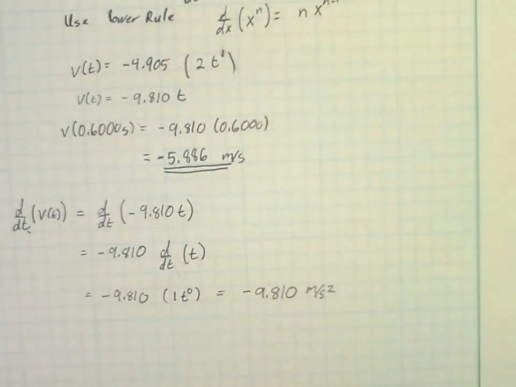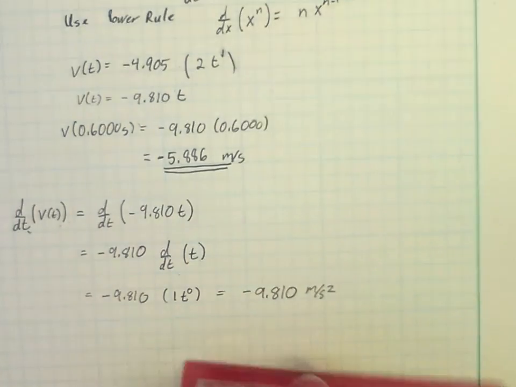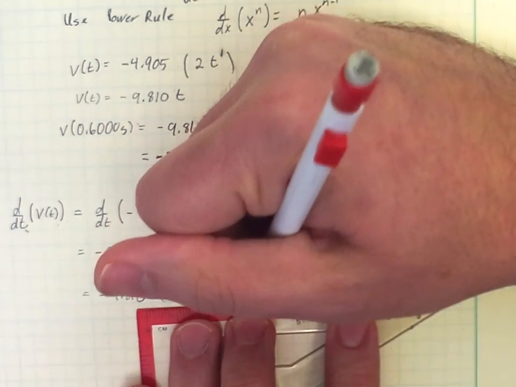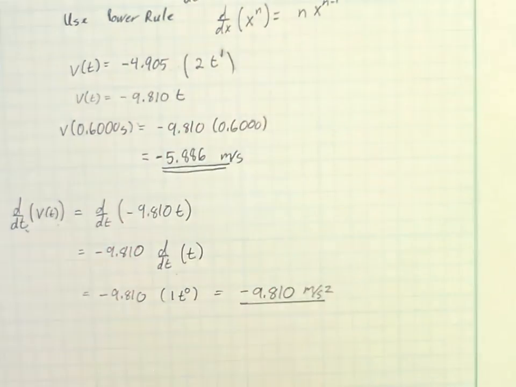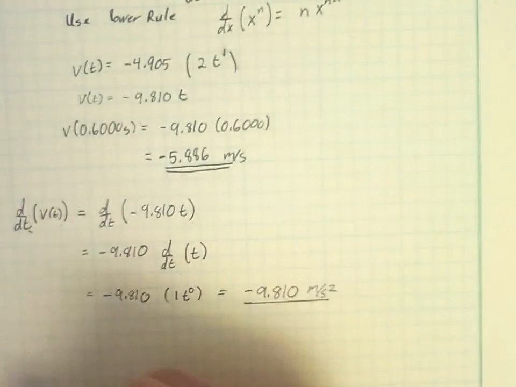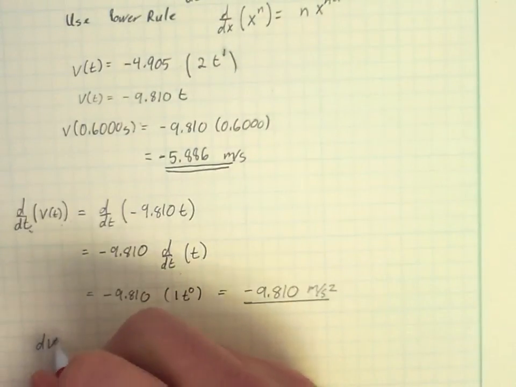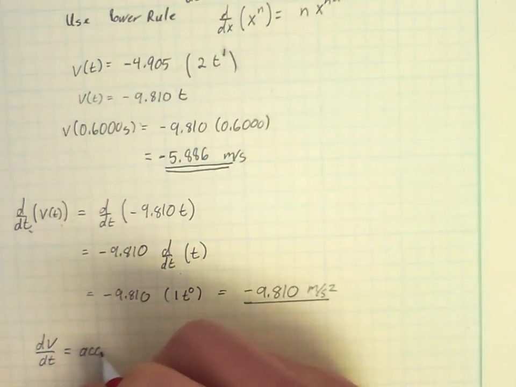And this should start looking like something familiar that we've used in previous homework assignments, which is that the derivative of a velocity with respect to time is equal to acceleration.